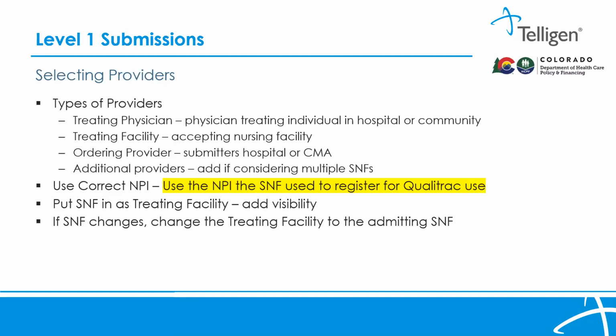You're going to put the accepting SNF, as we talked about, in as the treating facility. Say, for example, you don't have the correct NPI number. Telligen subscribes to NPES, so you can always do a search through NPES for the correct NPI number. You're just going to want to make sure that you pick the right one and not a facility in New Hampshire. I've seen that before, so you want to make sure that everything matches.